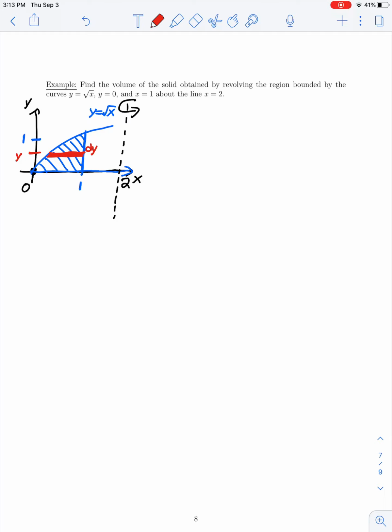Now I can see if I take that slice and I revolve that slice about this line, x equals 2, I would have a washer shape. So let's see if we can make use of washers here. So I'll say using washers, the volume of the solid I'm interested in would be pi times the integral.